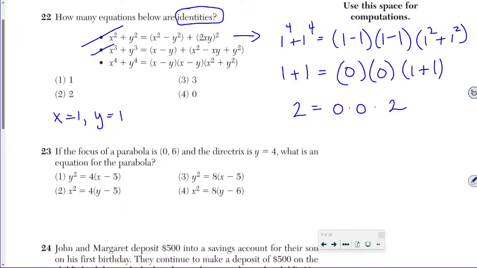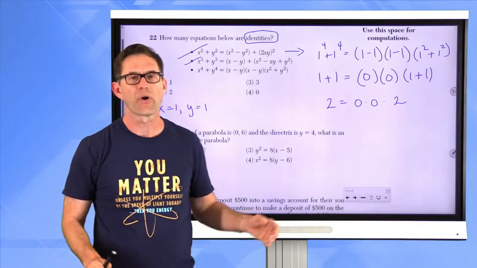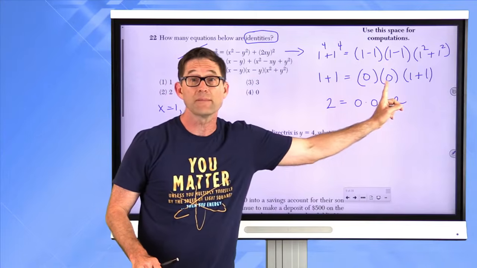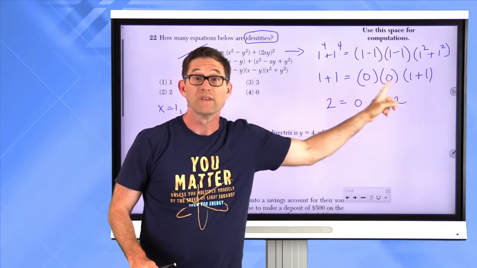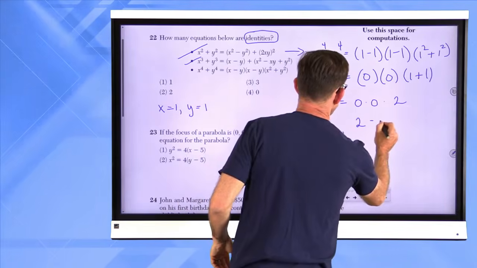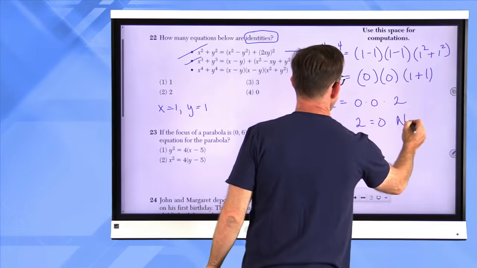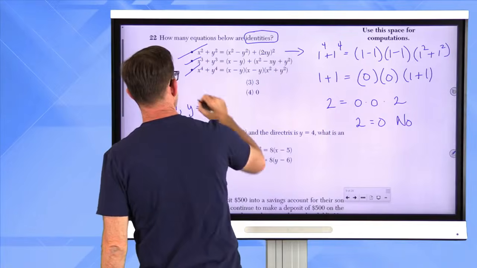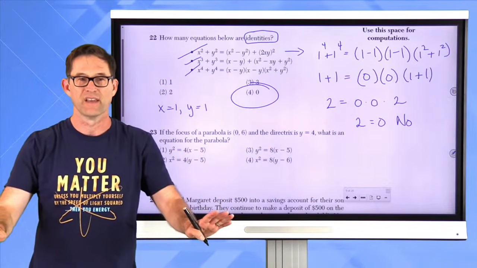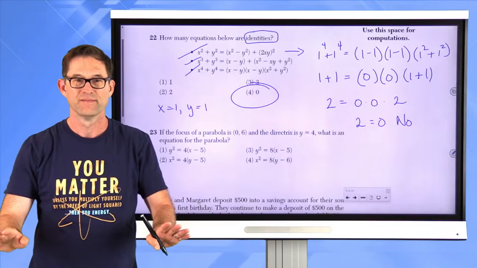Well, one of the most important ideas in all of math is what's called the zero product law. If I multiply anything by 0, this isn't addition. This isn't 0 times 0 plus 2. This is 0 times 0 times 2. That's 2 is equal to 0. That is also not an identity. And that means the correct answer is choice 4. None of these things are identities.